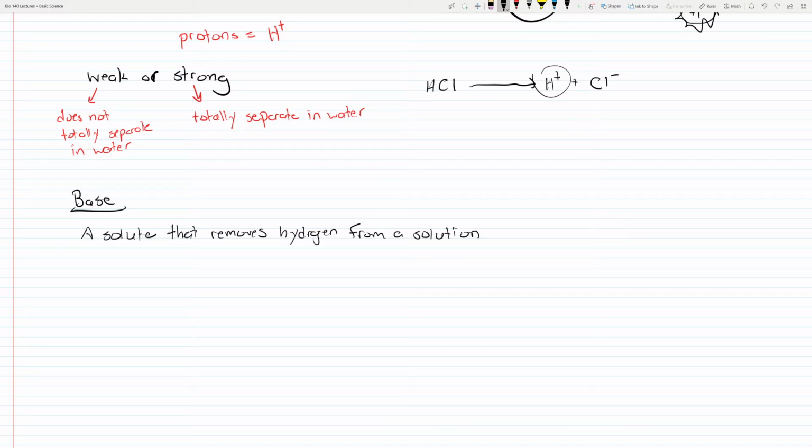If you understand what acids do, a base is pretty much the exact opposite of what an acid does.